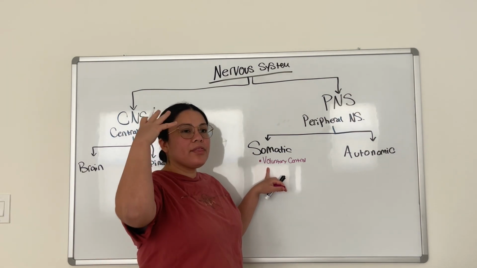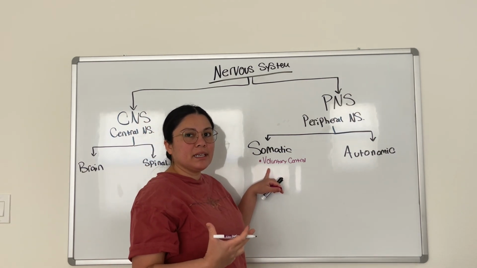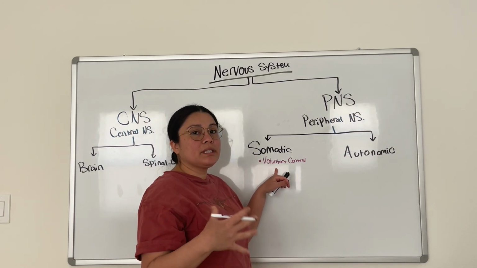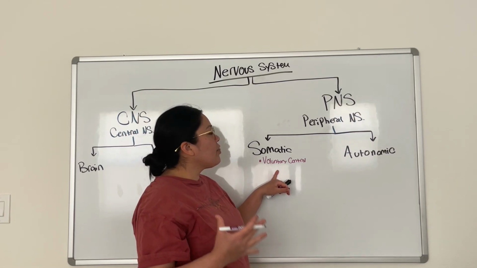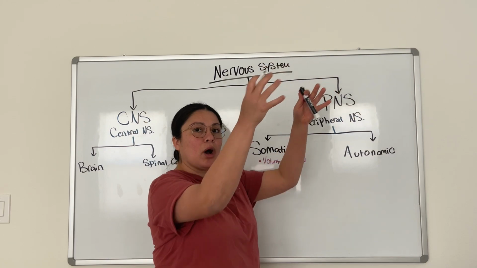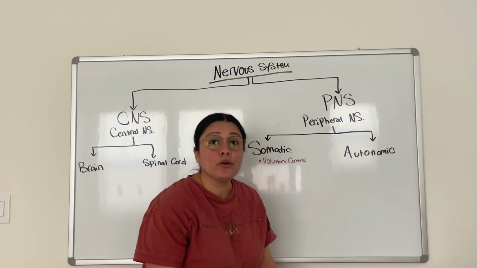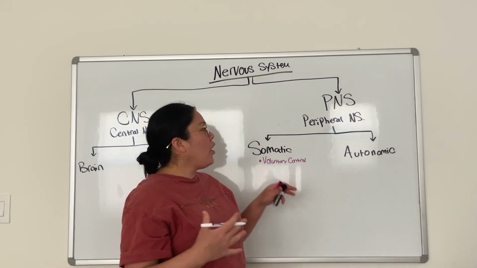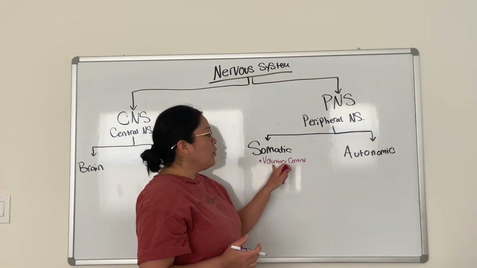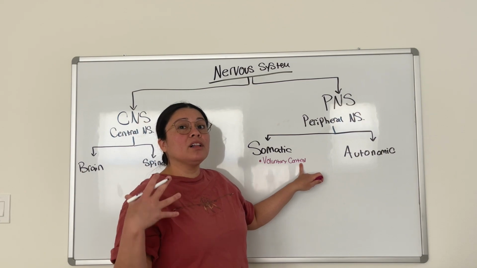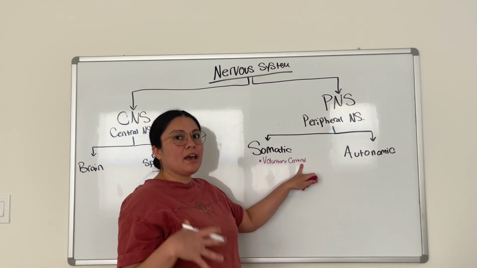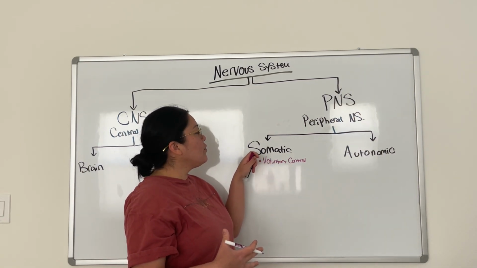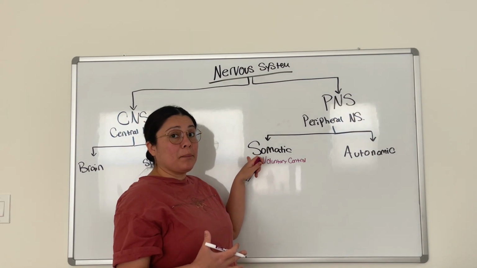We can think of a movement and the somatic system will take care of it, right? We can think to, let's say, catch a ball or pick up our groceries or throw a ball or jump. All of these things are under voluntary control. We voluntarily, consciously thought about doing them. So they fall under the somatic system, okay?